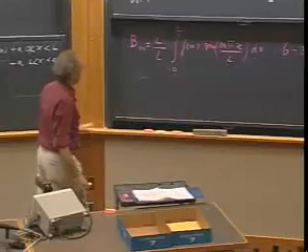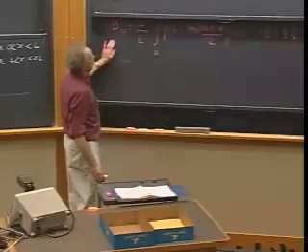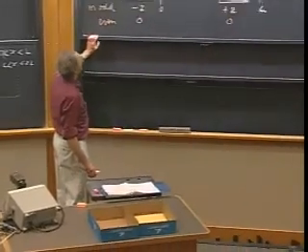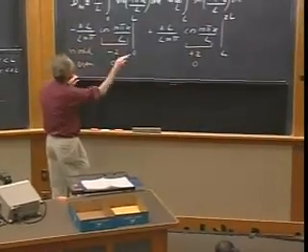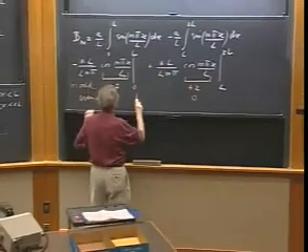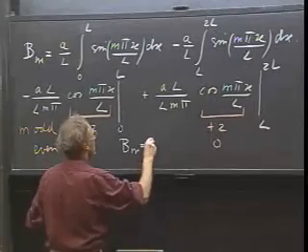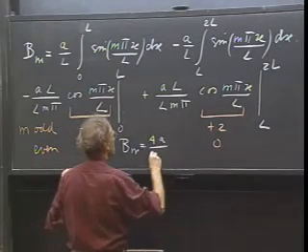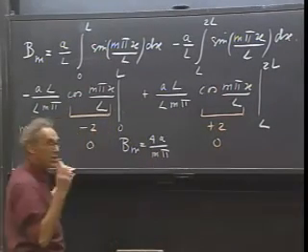So we are now ready to write down the complete Fourier series. Notice that the sum of these two becomes 4a divided by m pi. So b of m is going to be 4a divided by m pi, but m is only odd.